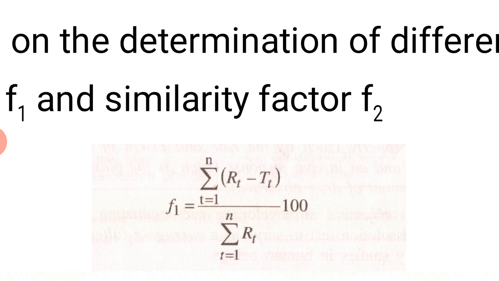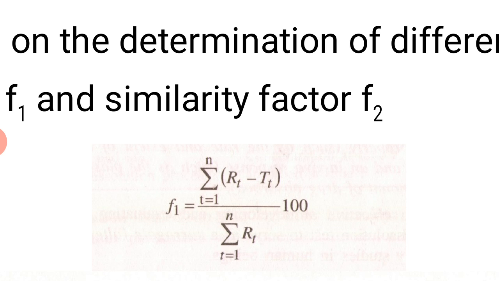F1 is equal to sigma t equal to 1 to n, RT minus TT. RT is the reference at a time point. Small t represents the time point, capital T represents the test, capital R represents the reference.